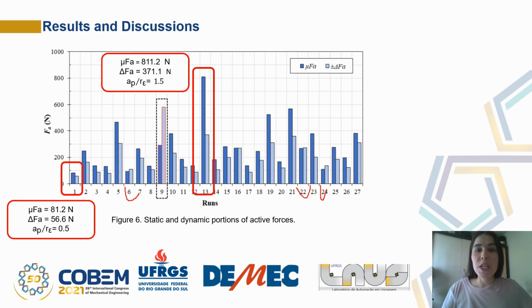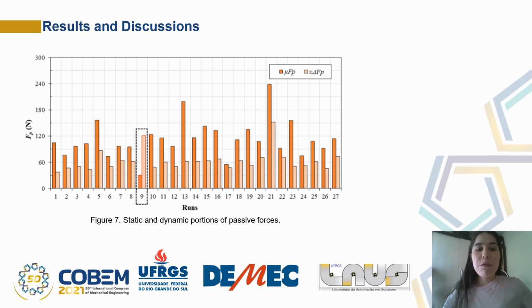Feed per tooth is 0.06 millimeters per tooth. Thus, the dynamic portion is about 20% larger than the static portion in run 6, while the percentage increase was minor in run 22. Figure 7 shows the static and dynamic portions of passive force.